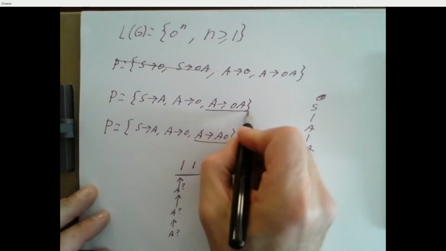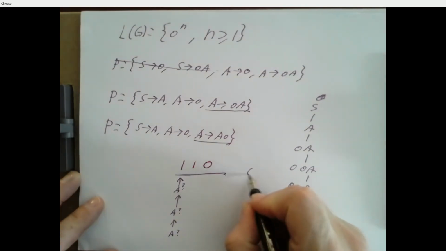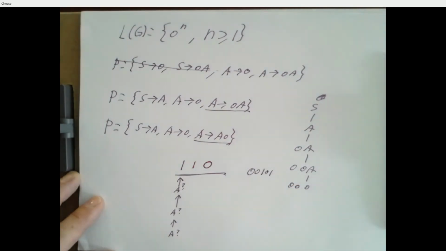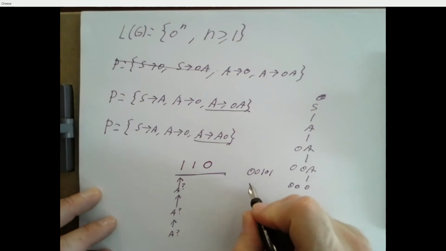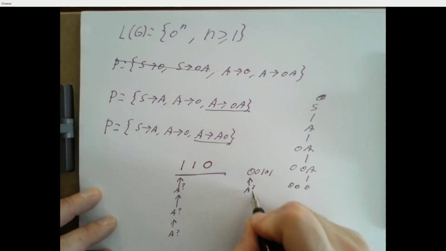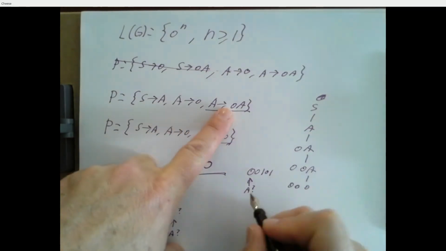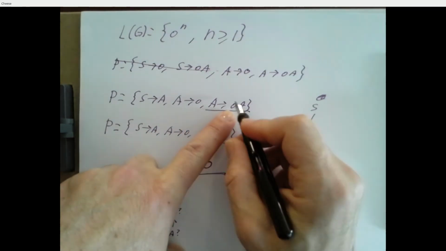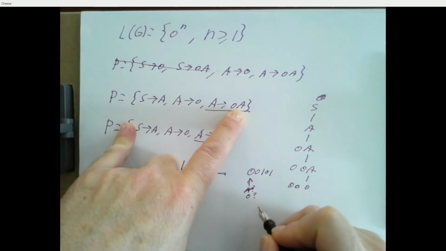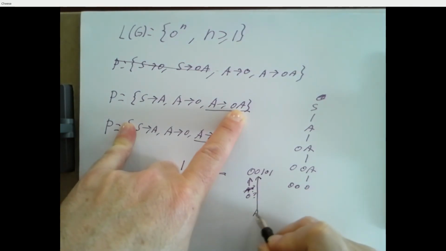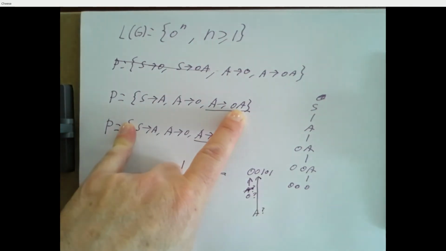Now with this, right, so let's say our string looks like this. We can say, is this an A? And yeah, we'll say, is this a 0? And it is, so the rest of the string has to be an A. So now we're asking a different question.